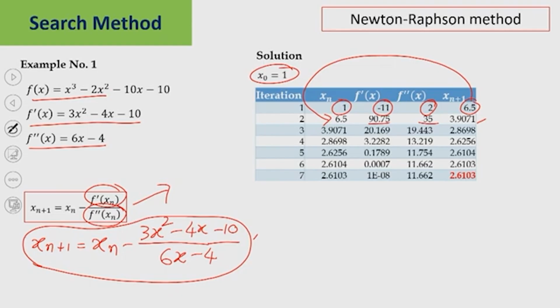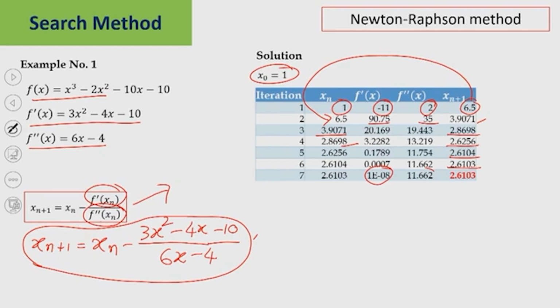Now, I am doing the third approximation, I am getting 2.8698, then the fourth one I am getting 2.6256, then the fifth one 2.6104, and the sixth one 2.6103, and you can see that the derivative value is decreasing.